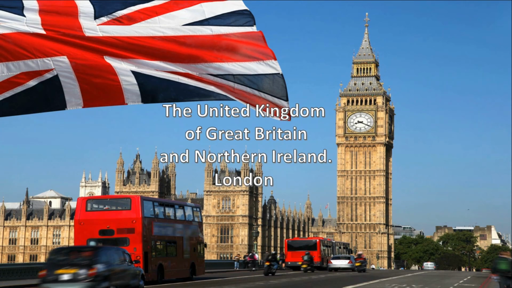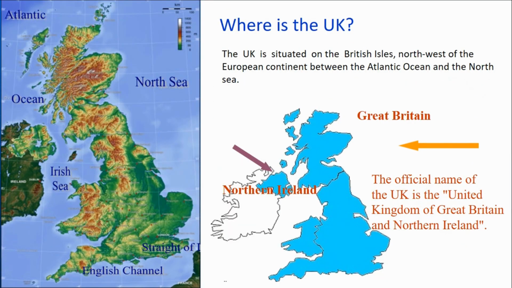So the topic of the lesson is the United Kingdom of Great Britain and Northern Ireland, and the capital of this state, London. But first of all, let's remind about some information about Great Britain. Where is the UK?